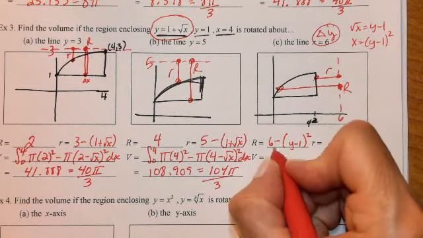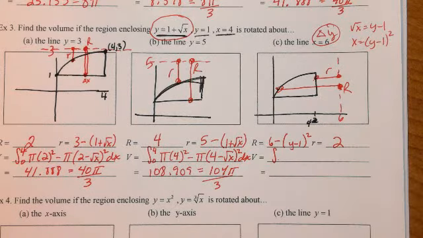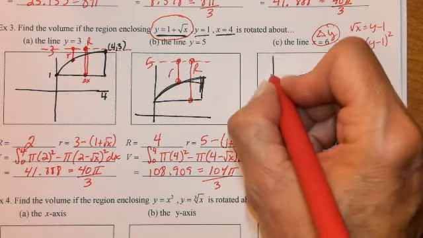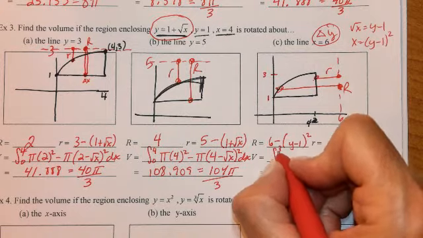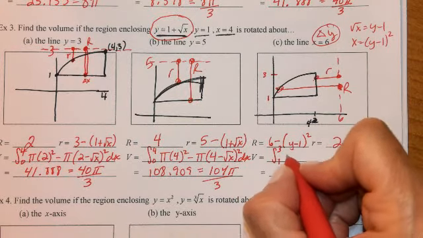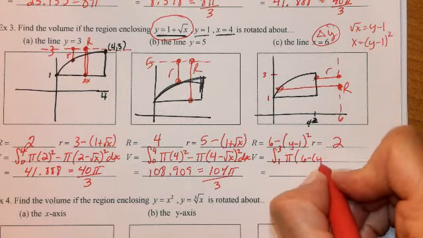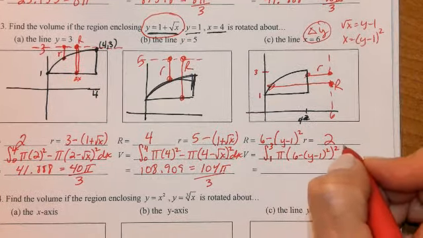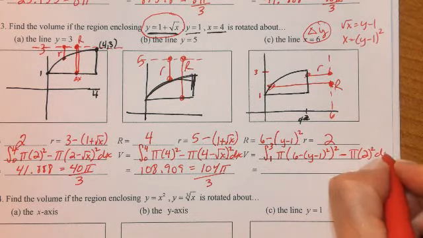So the volume will be the integral from what to what? We need y's, right? My lowest y value was 1 here, and my upper y value was at 3. So from 1 to 3, pi times big R squared, that's one that would be a little tricky to type in, so take your time, minus pi times little r squared, dy.